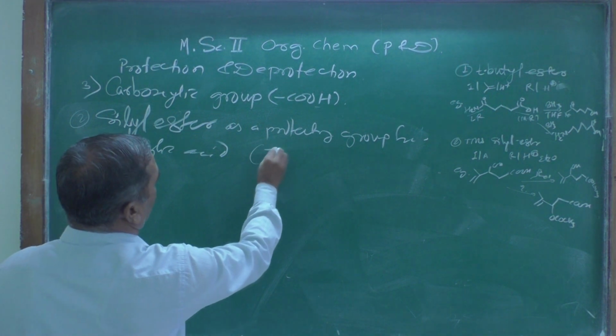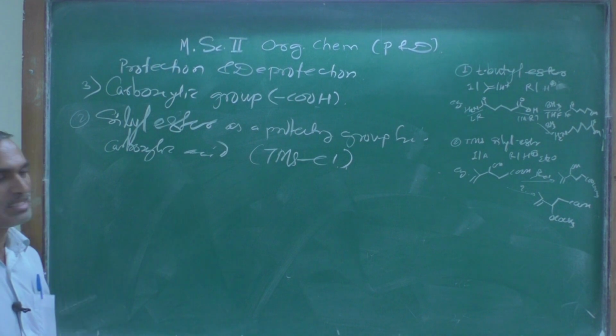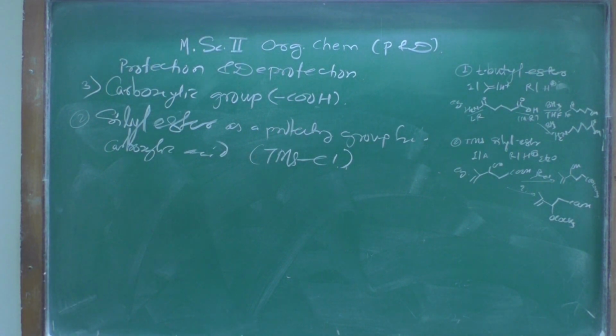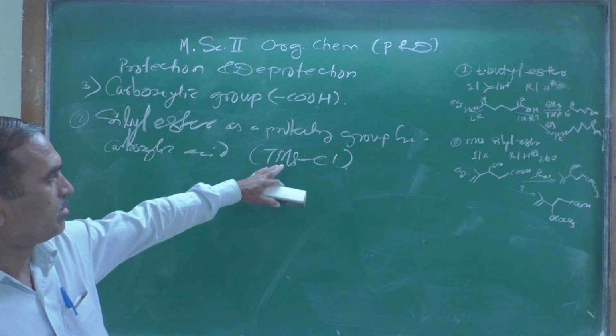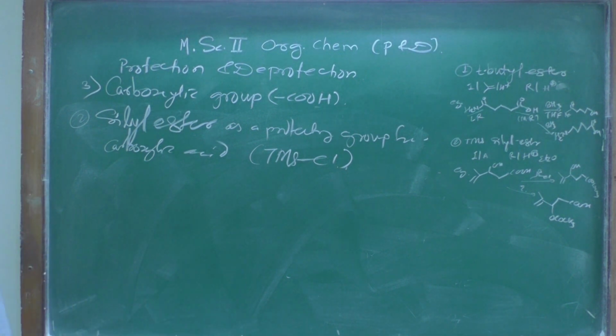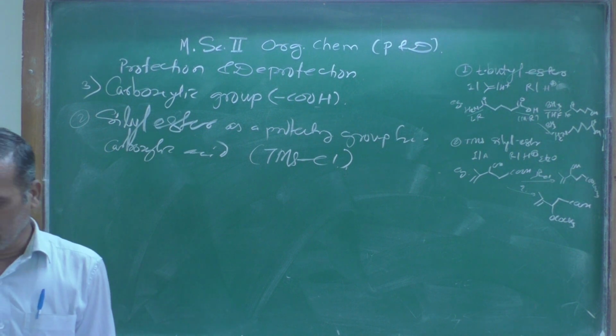And as we know, TMS means what? Trimethyl, right? TMSCl you can write, trimethylsilyl chloride. You are already familiar with this structure, as we already used it for the carboxylic group.